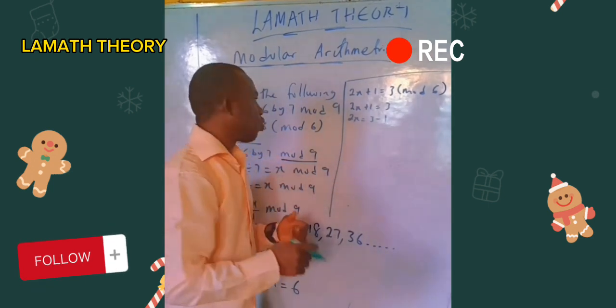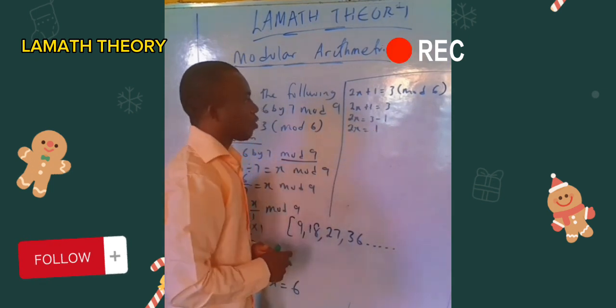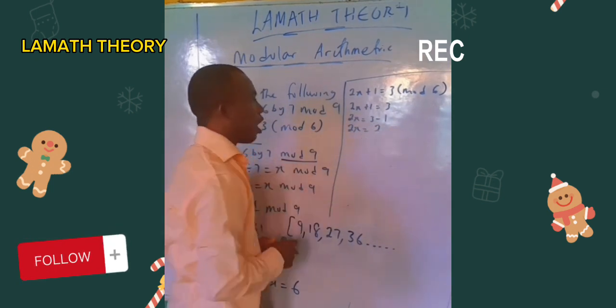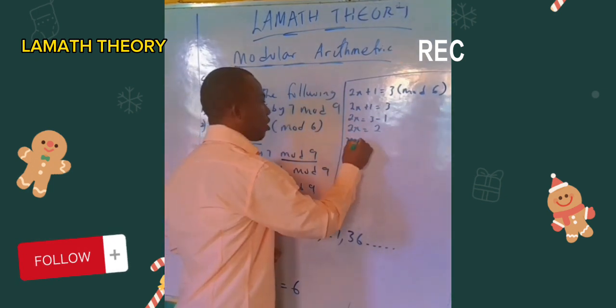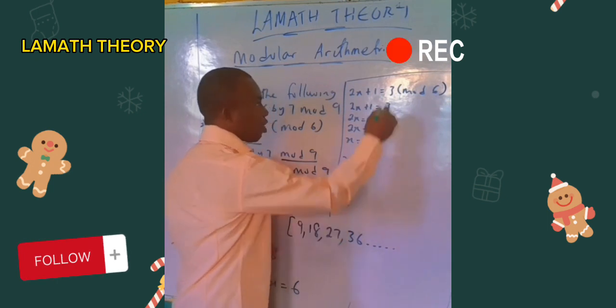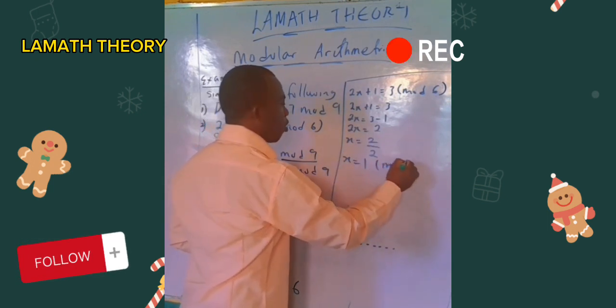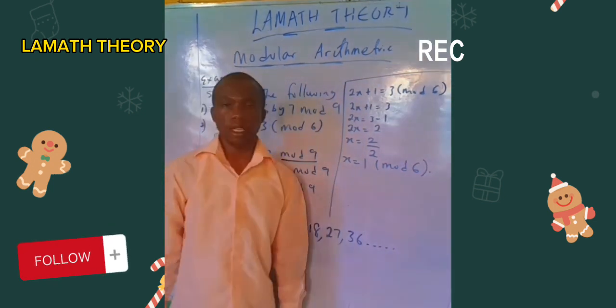Are we together now? So 2x equals 2. Now, I'm going to divide both sides by 2. So I'm going to have x equals 2 divided by 2. So x equals 1 modulo 6. So that is our answer.